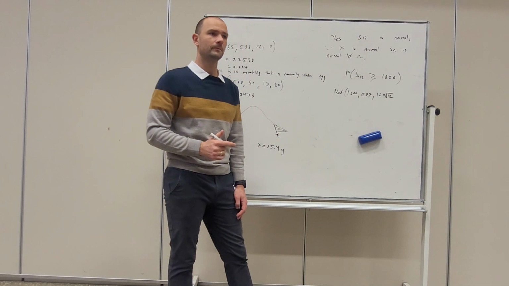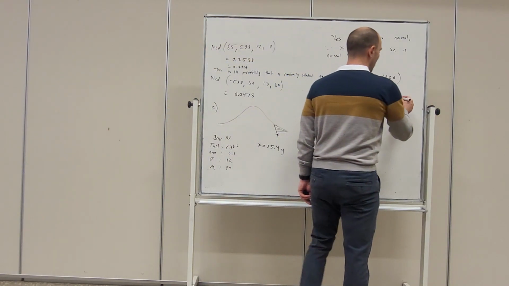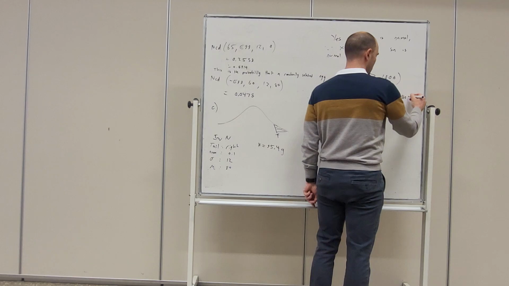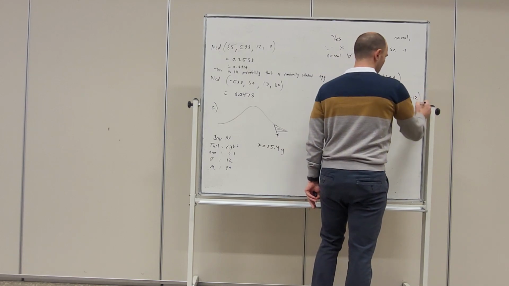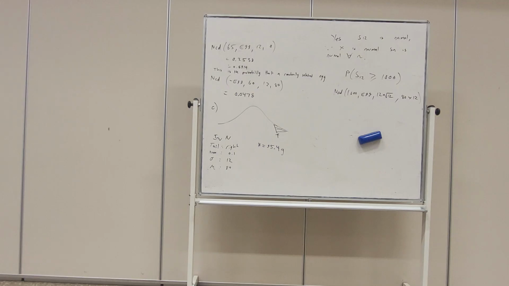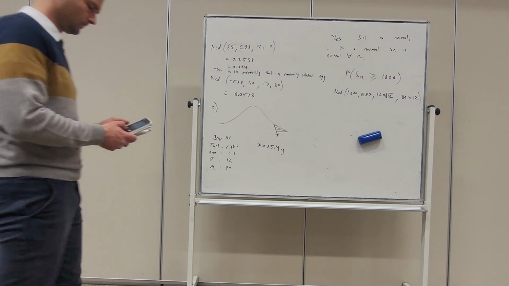Okay, 12 root 12. And the mean of S12 is going to be the mean of X, which is 80, times the number of trials, the mean times n. So both of those are from exercise 9b, that formula for developing the mean and standard deviation of Sn.